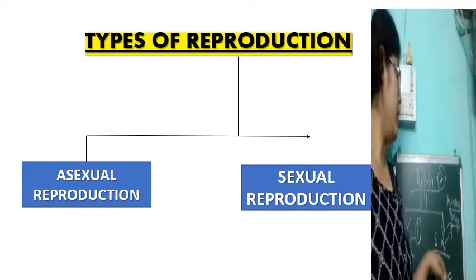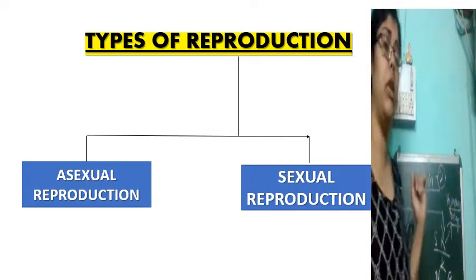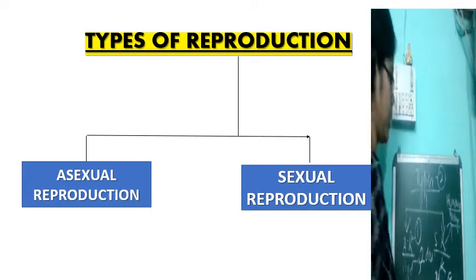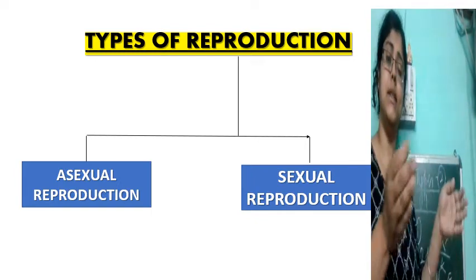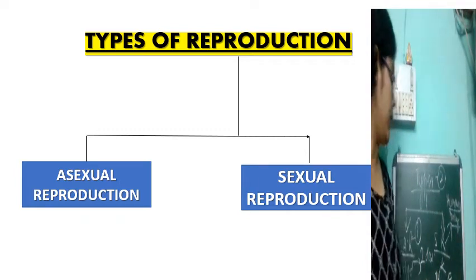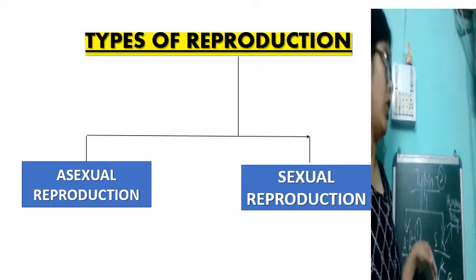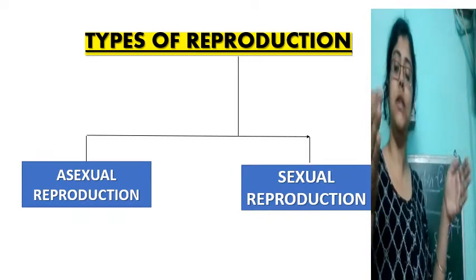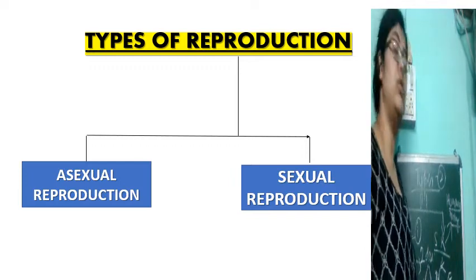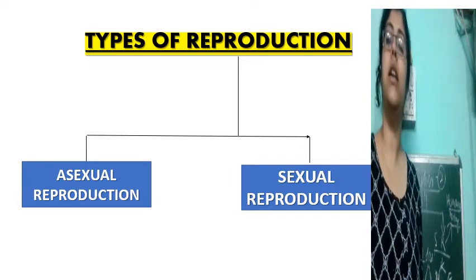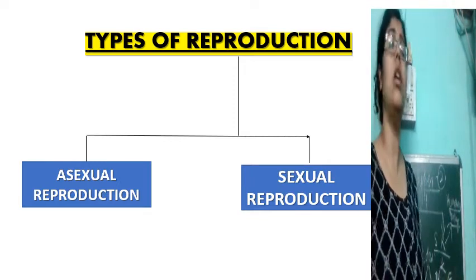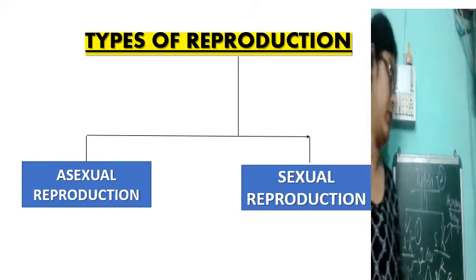For example, if you take the example of two daughter cells of amoeba, in asexual reproduction, the mother cell splits itself in binary fission. We will learn about it in depth in coming videos. So the mother cell splits into what? Two daughter cells. Okay, and these two daughter cells are equally identical to each other. They have no difference at all. You cannot identify a single difference between them.